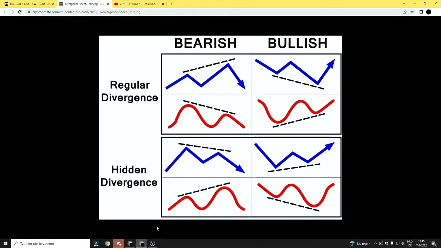In this YouTube video I am going to show you guys another tool that I use to trade Bitcoin and altcoins. I'm using this tool for all of the analysis that I do, especially when a coin is going to the upside very hard or towards the downside very hard, because this tool is used to spot potential bottoms and potential tops.